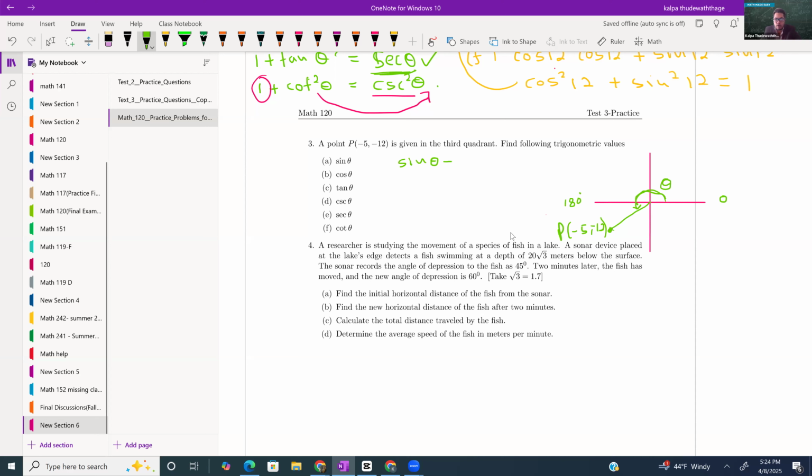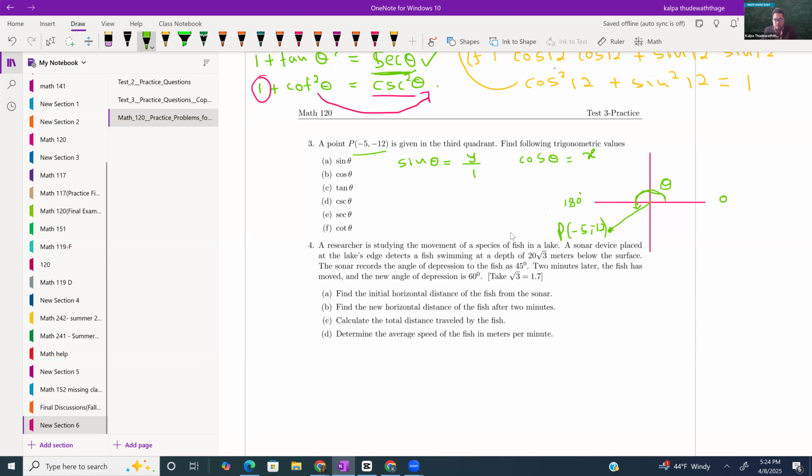Sine theta is always your y coordinate, but the real formula for sine theta is y over r. Since you used the unit circle so far, in the unit circle the radius is 1, so you can put 1. It's like always your y coordinate is sine, your x coordinate is cosine. But now, this point is not on the unit circle.